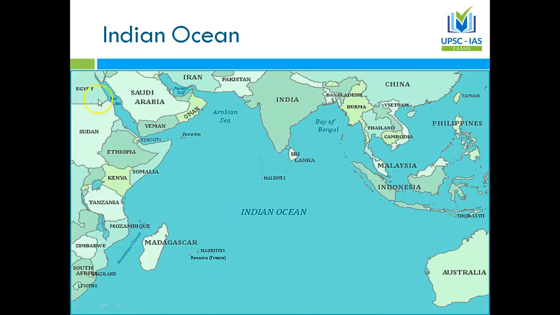Apart from that, all the trading going on between all countries is also carried on through the waters of the Indian Ocean. So this is a small example through which I'm trying to project the importance of the Indian Ocean. We know that the maximum number of people live in Asia.